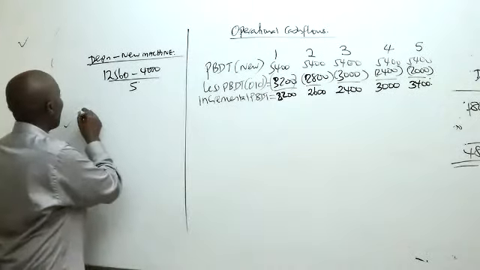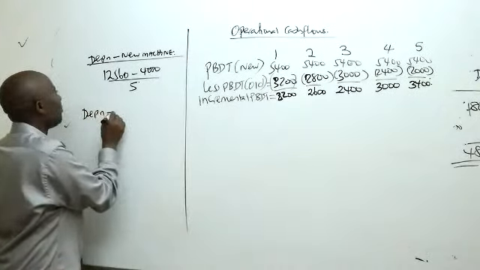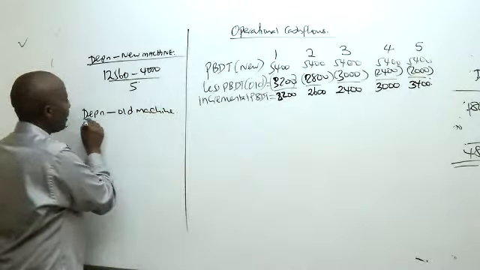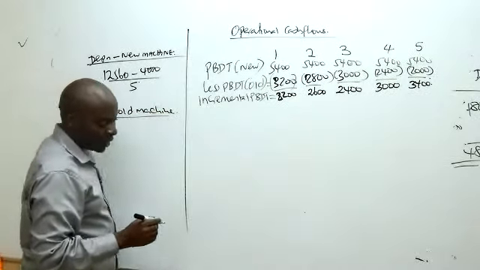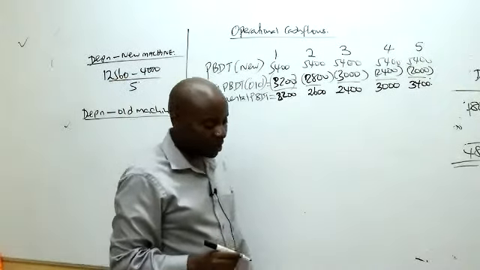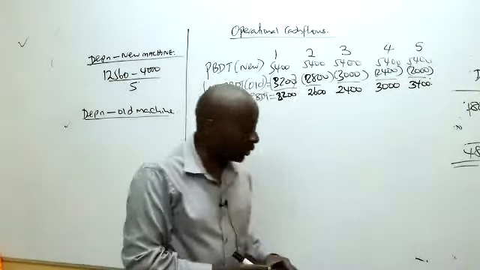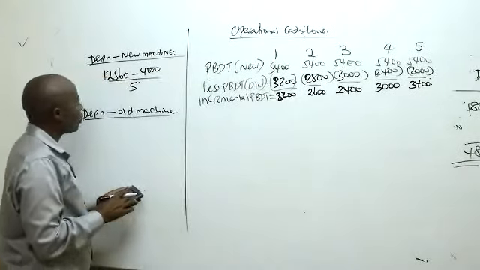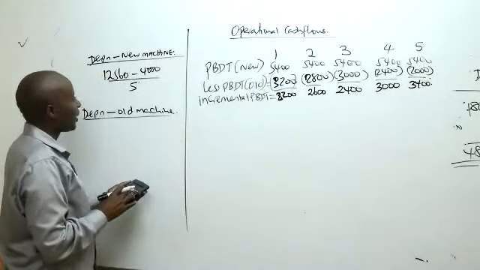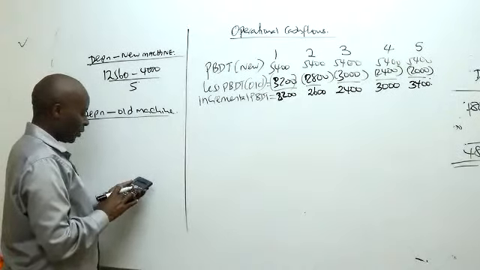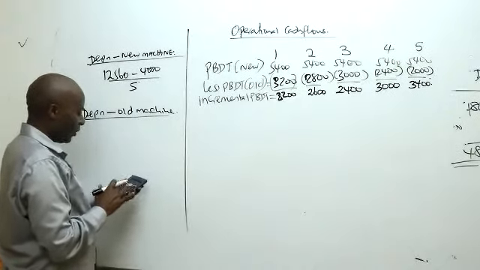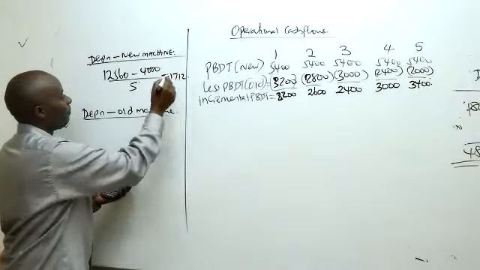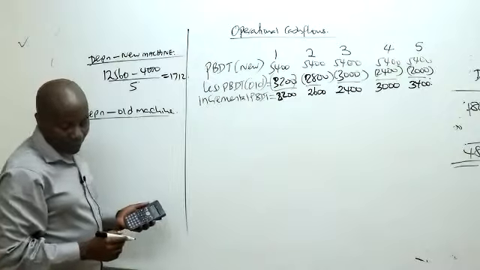Come here and they give us the depreciation of the old machine as well. So the new machine, what do we have here? This is quite easy. We have 12,560 minus 4,000 divided by 5, which gives me 1712.